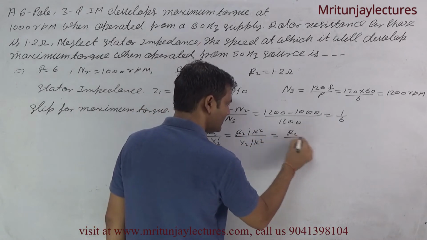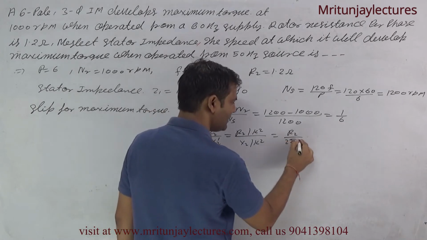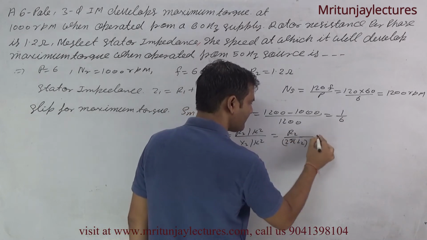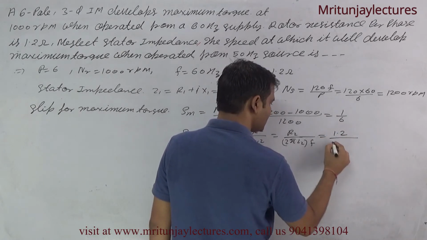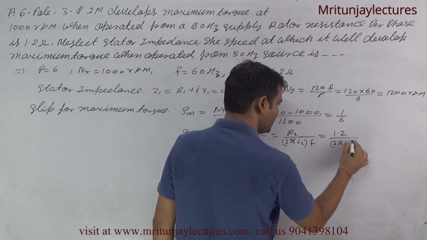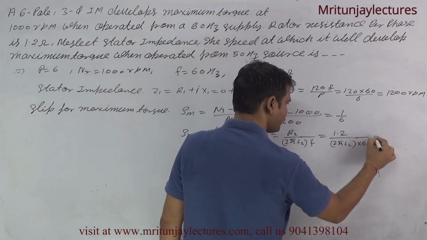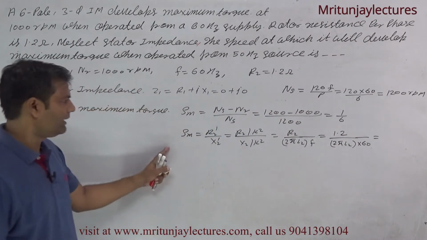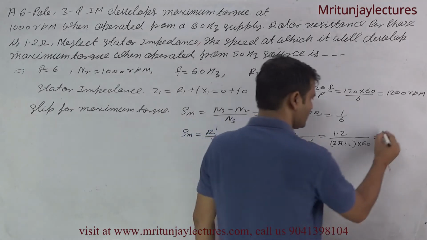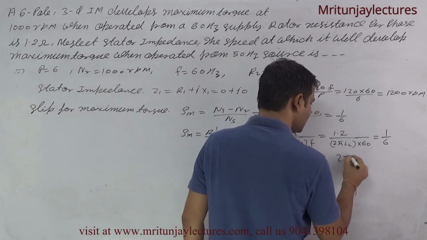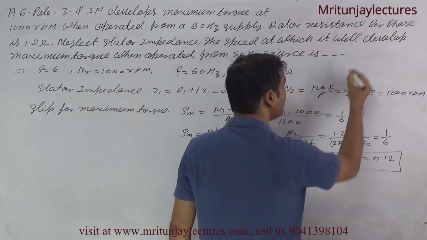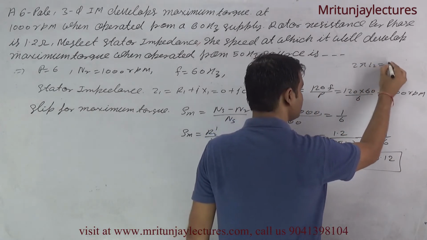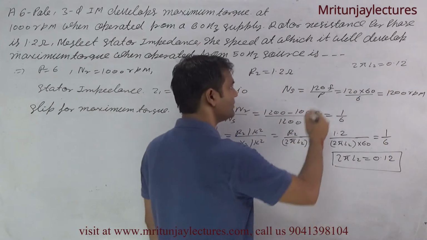X2 means 2 pi L2 into F. R2 is 1.2 divided by 2 pi L2 into 60 Hz, and Sm is 1 by 6. So we got 2 pi L2 equal to 0.12. Clear? If any doubt, it is written as 0.12.